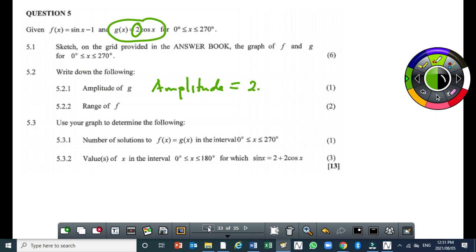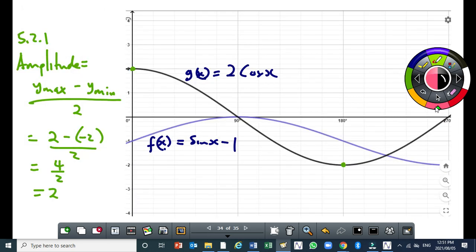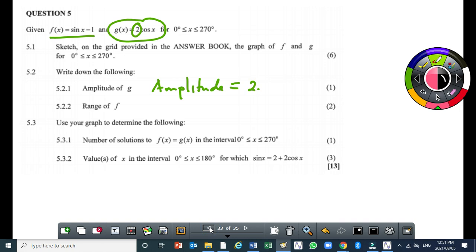Then the range of f, which is the sine graph. Now you have to go to the graph, you identify the minimum and the maximum. The maximum value of y is 0. The minimum is negative 2. So your range is going to be y is an element of negative 2 to 0.